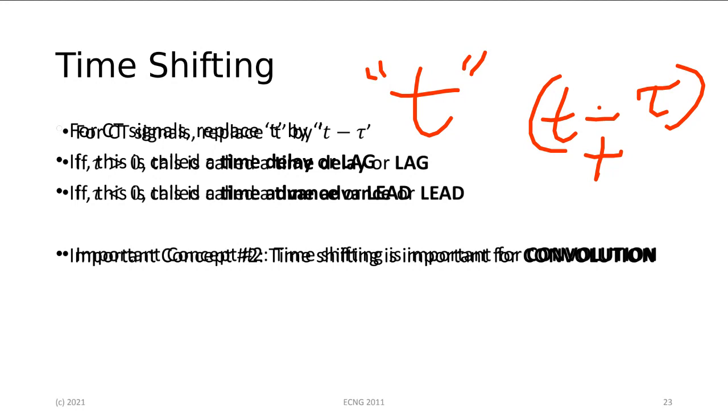The first one was time reversal, and the second concept now is time shifting. A lead or a lag is a time variation.